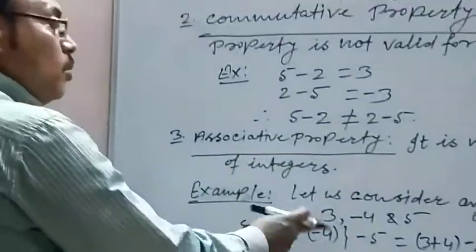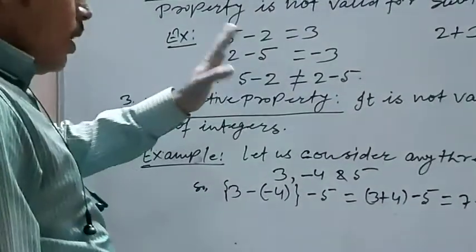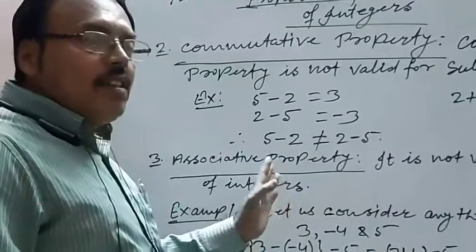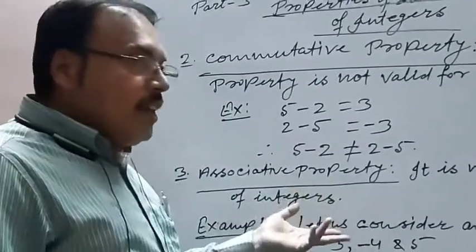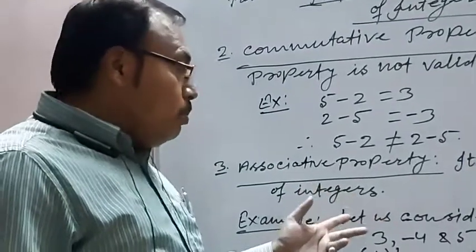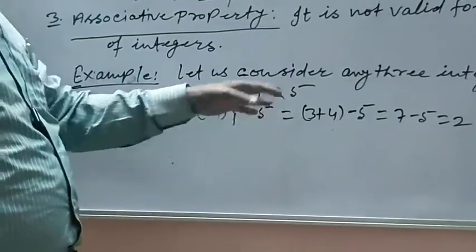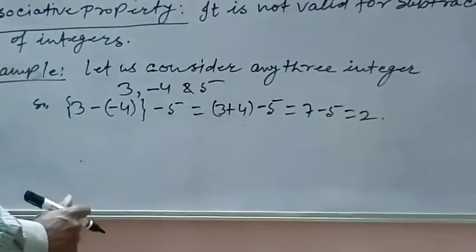Next, we group. The associative property for addition was that while adding any three integers, we can add them in any grouping. So here we make the group 3 minus 4, and now we put 4 and 5 into a group.